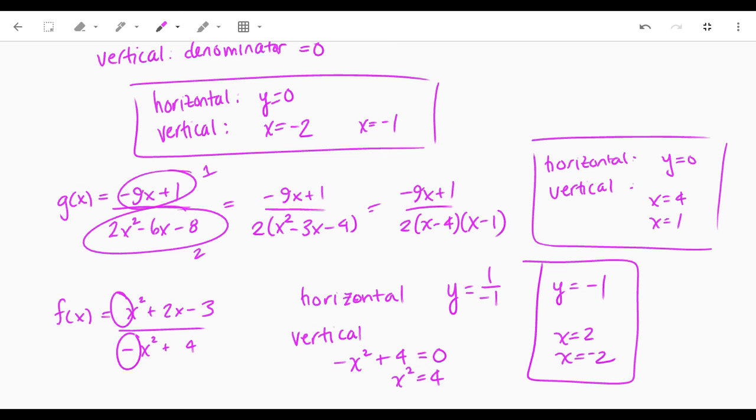Next one. Okay. We have finding the asymptotes of a rational function, quadratic over linear.